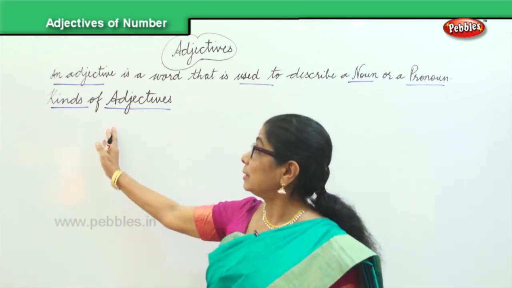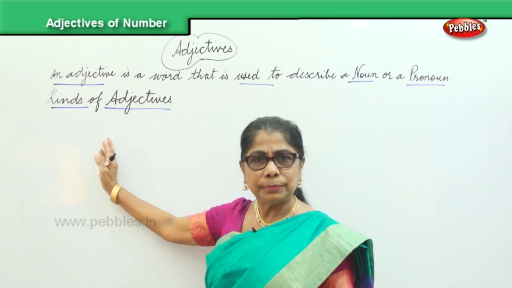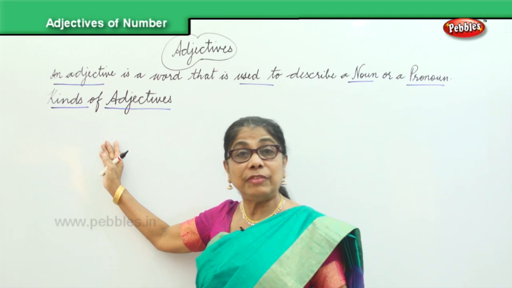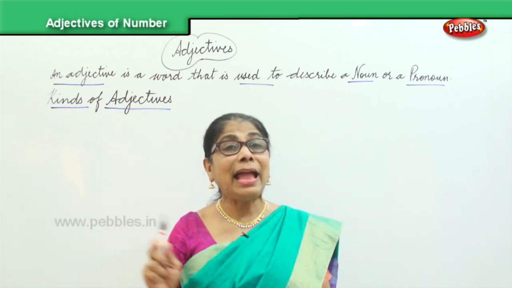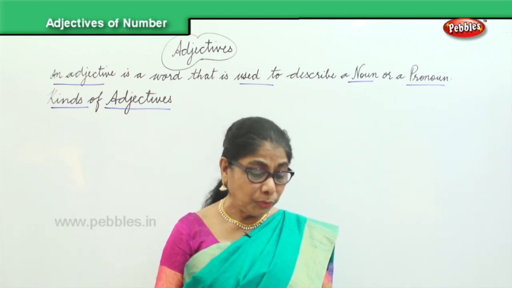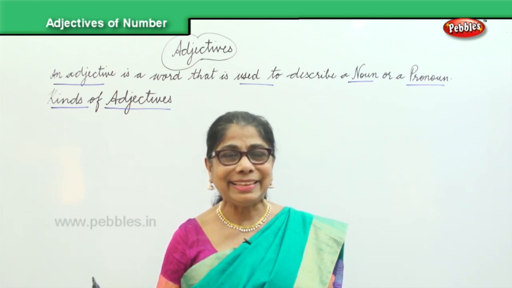I said there are 6 kinds of adjectives. We have already done 2: adjective of quality, adjective of quantity. And the third now we are going to do is adjectives of number. Now, when you say adjective of number, how many?